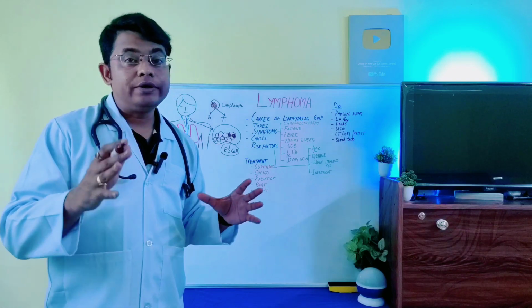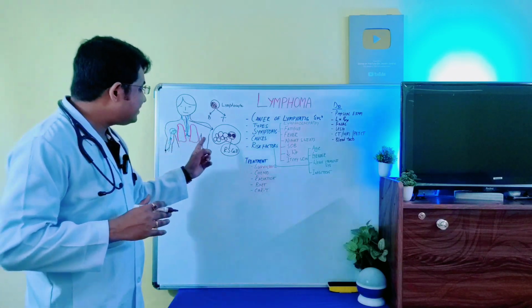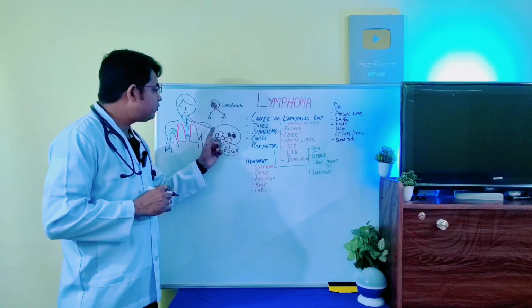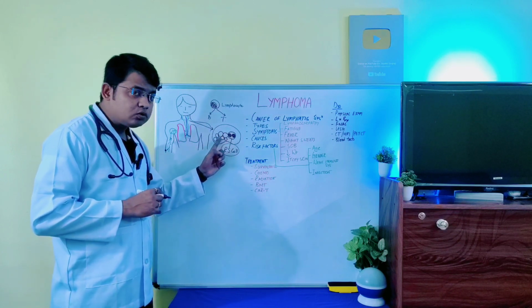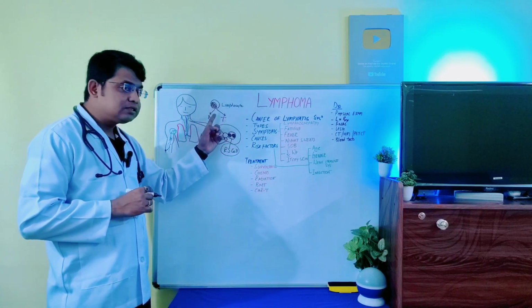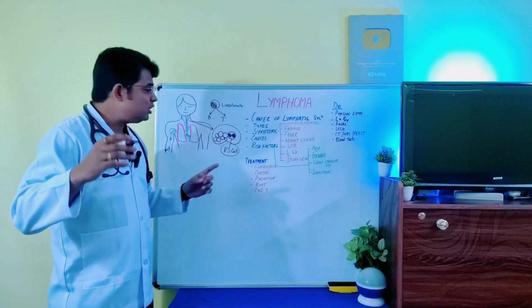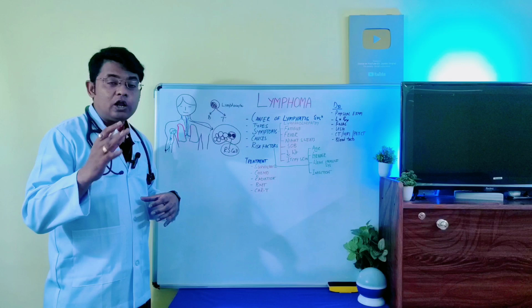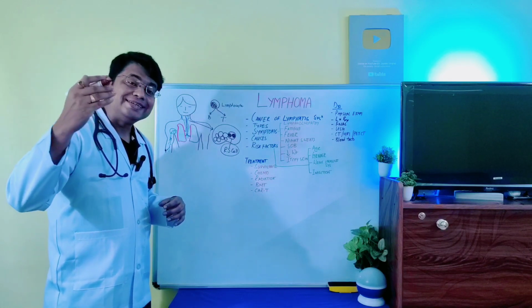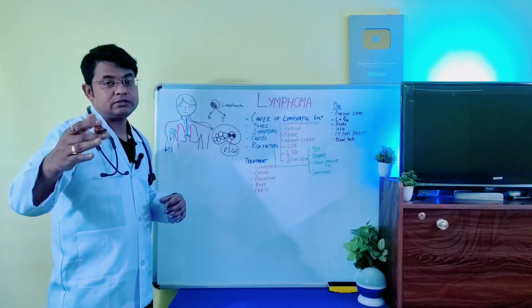Okay, so what happens? There is increased number of lymphocytes within the lymph nodes due to mutation in these lymphocytes that causes rapid proliferation of these lymphocytes, along with a decrease in the destruction of lymphocytes.